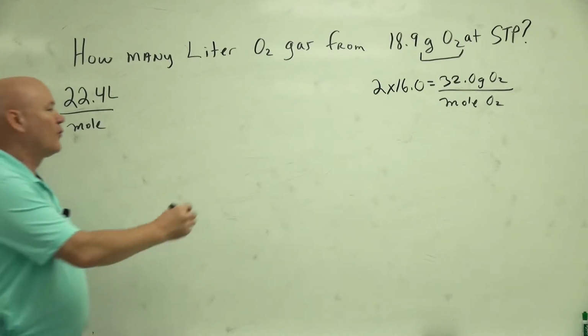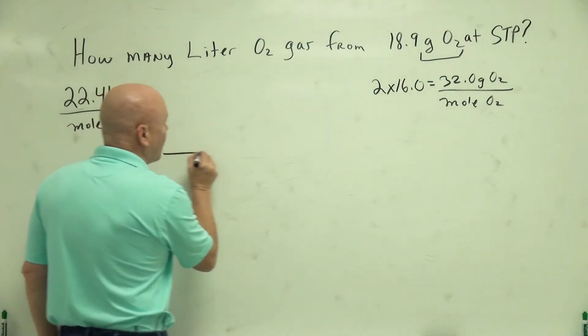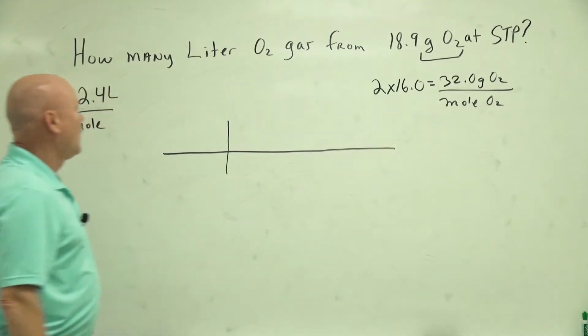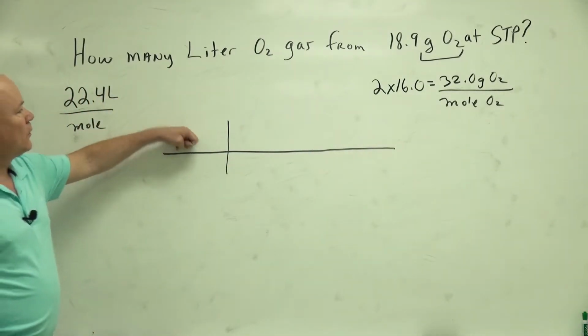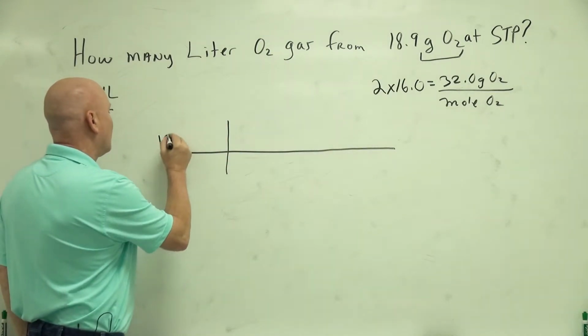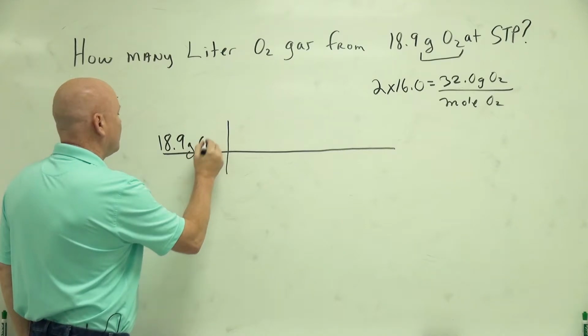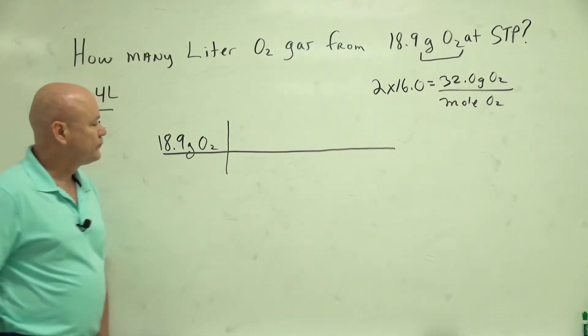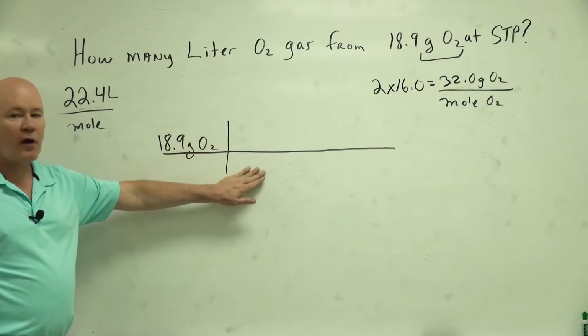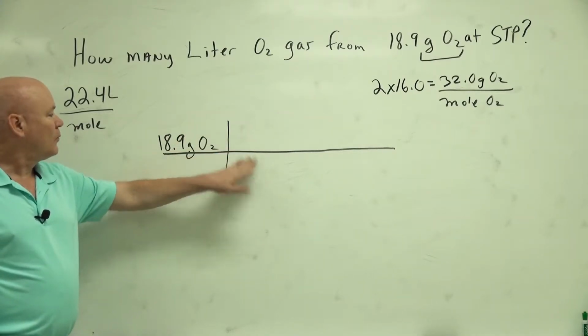Time to set this up as a conversion. And so I draw a long line, draw another line, and we need to put our measured number here. There's my measured number. It's 18.9 grams of oxygen. Now, I need grams oxygen down here to cancel the grams oxygen over here. We need to be able to cancel.